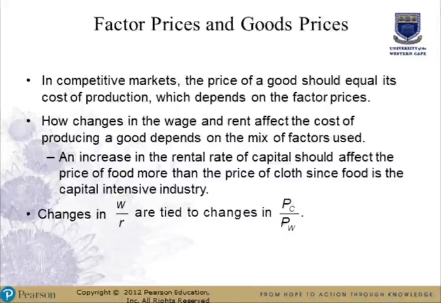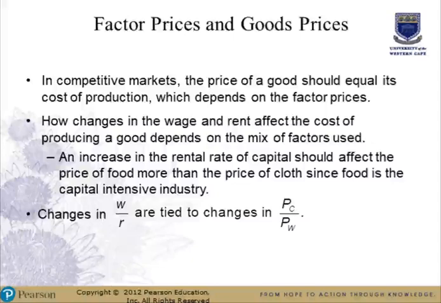In a competitive market, the price of a good should be equal to its cost of production, which depends on the factor prices. If the wage rises, then ceteris paribus, the price of the good that uses labor more intensively in the production process will rise. This shows that the importance of a factor price to the cost of production depends on how much a factor is used in the production of a good.